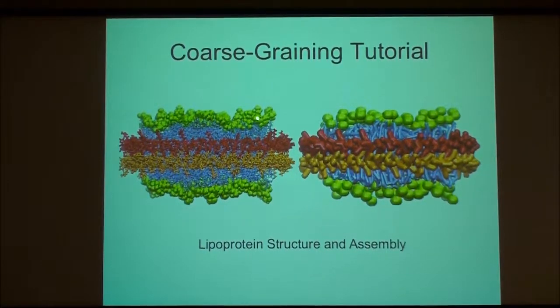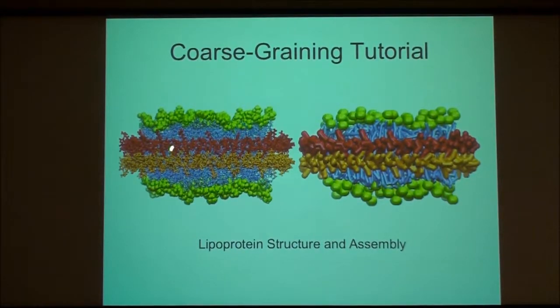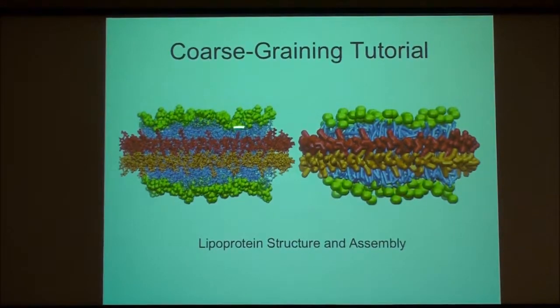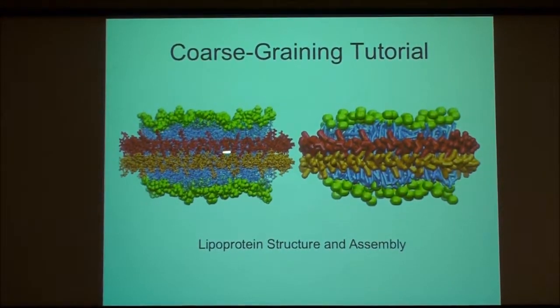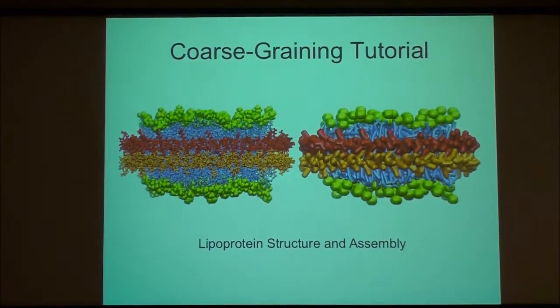So a lipoprotein is a little patch of membrane inside a belt of a protein. This lipid bilayer could include cholesterol and other kinds of lipids in your blood. That's how they are carried in your blood. And there is a large interest in knowing and characterizing the structure of this particle and its size and how they assemble.